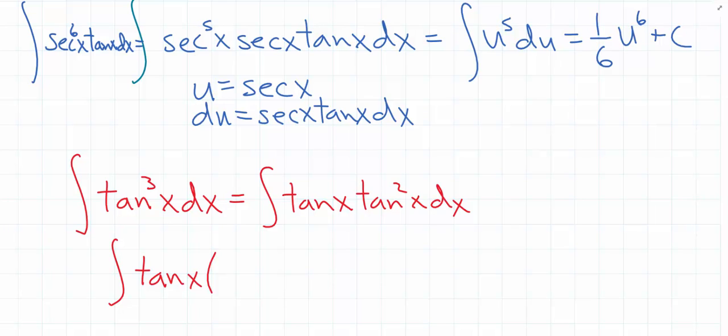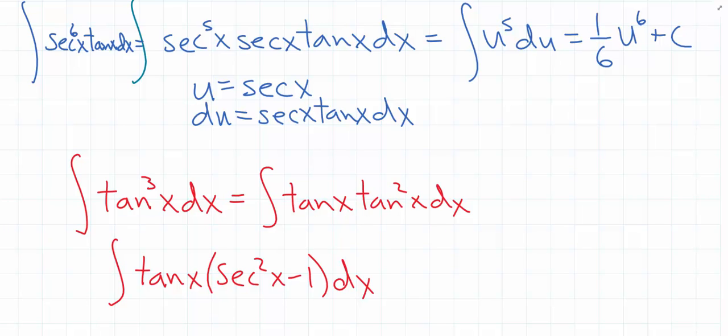And I know that tangent squared is secant squared x minus 1, right? Isn't that right? Because tangent squared x plus 1 is secant squared x, so that must be what I'm looking for right there.